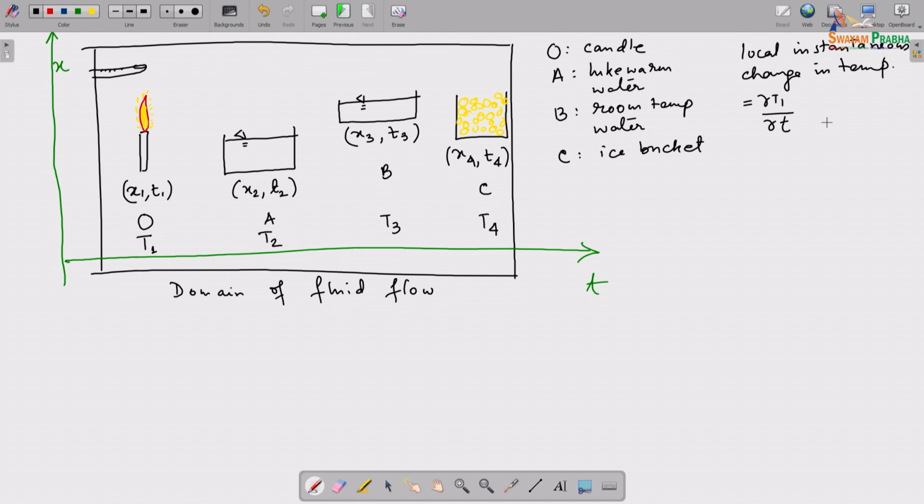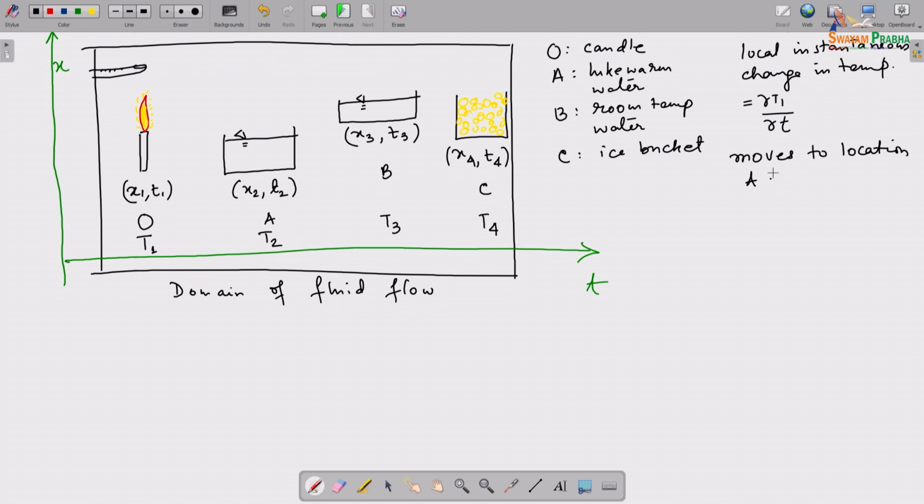Then there should be another change in that temperature. What should be that change? That change in temperature, now it moves to location say A. My finger moves to the next location, A, which has lukewarm water.